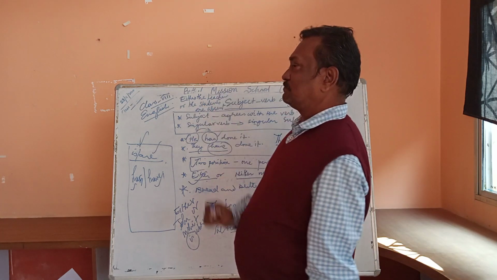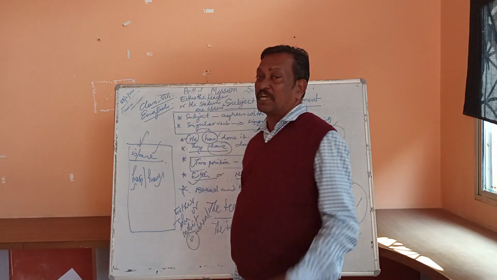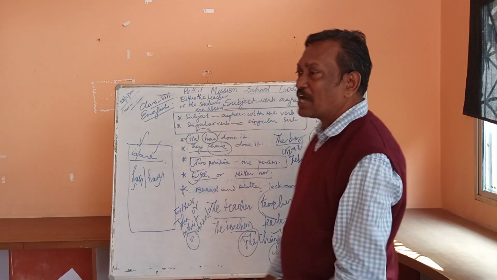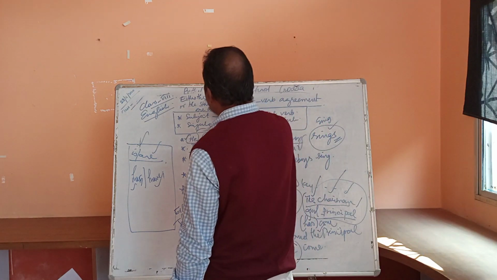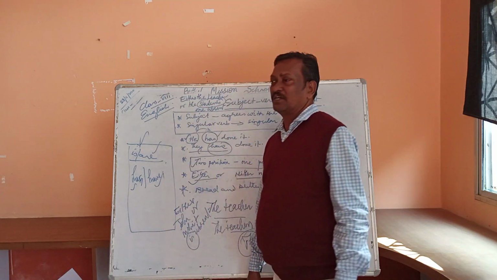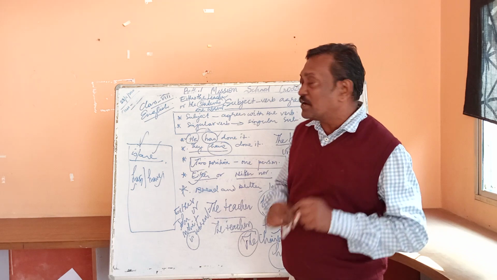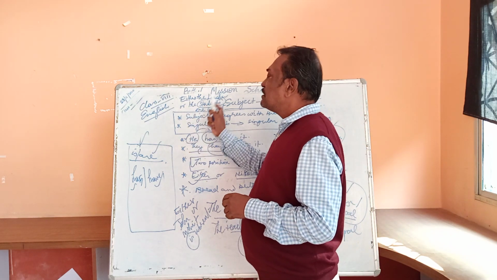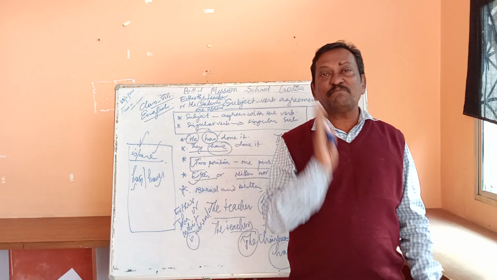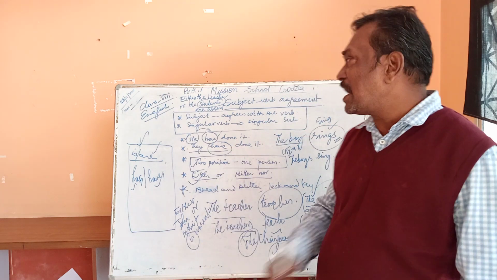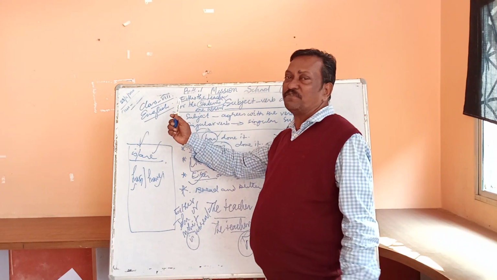Either the teacher or the students. I am using are. Why did I use are? Because the last subject is a plural subject. When you use a plural subject at the end with either or, the verb remains plural. Keep this in mind. Keep this in mind. Take a careful note of this.